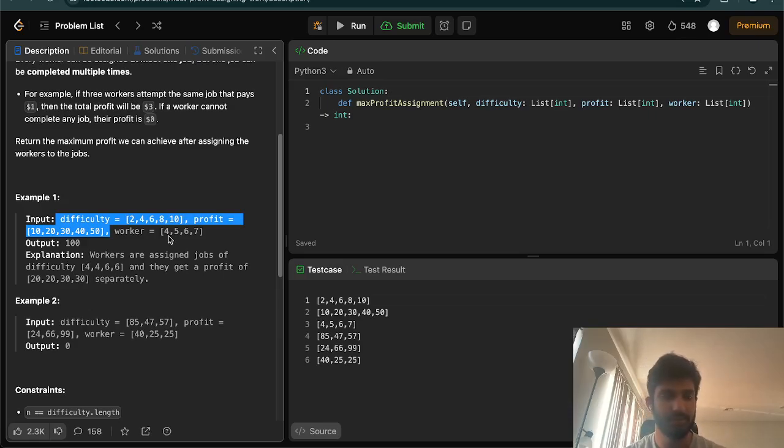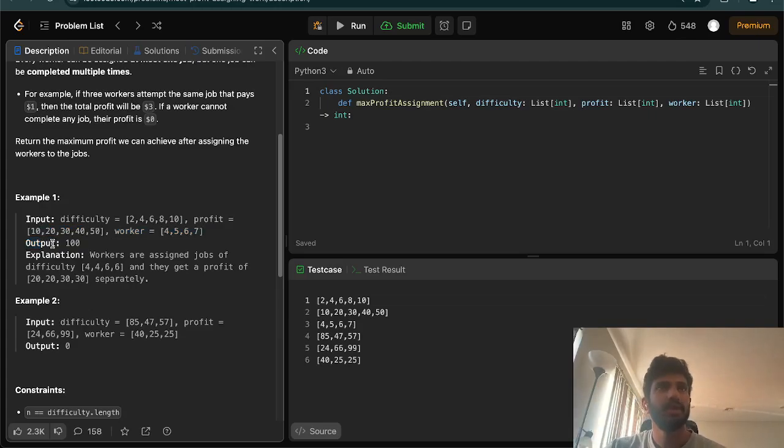Then let's say we're looking at the first worker, and we also sort the workers independently, and we are looking at 4. We look at difficulty and say that 2 is less than or equal to 4, so we just add 10 into the heap, then we add 20 and we take the max.